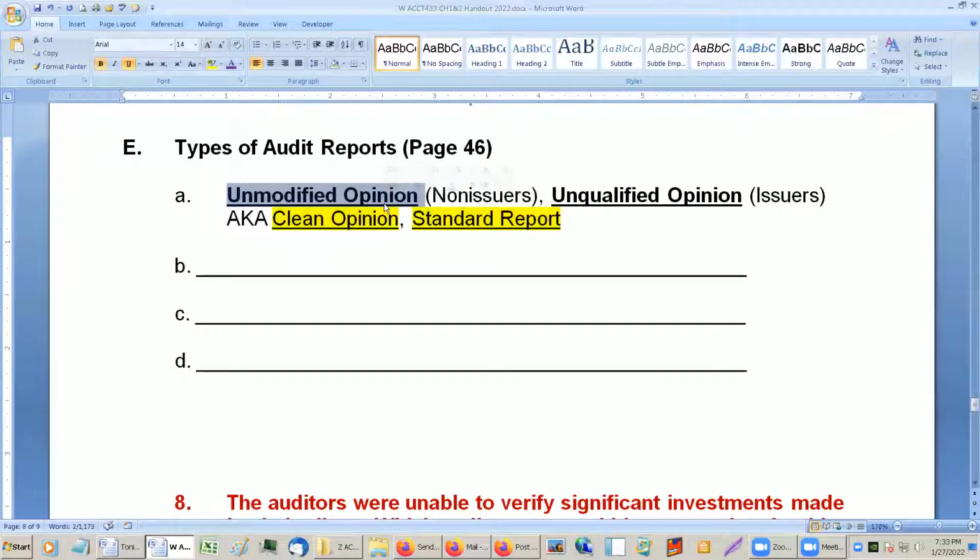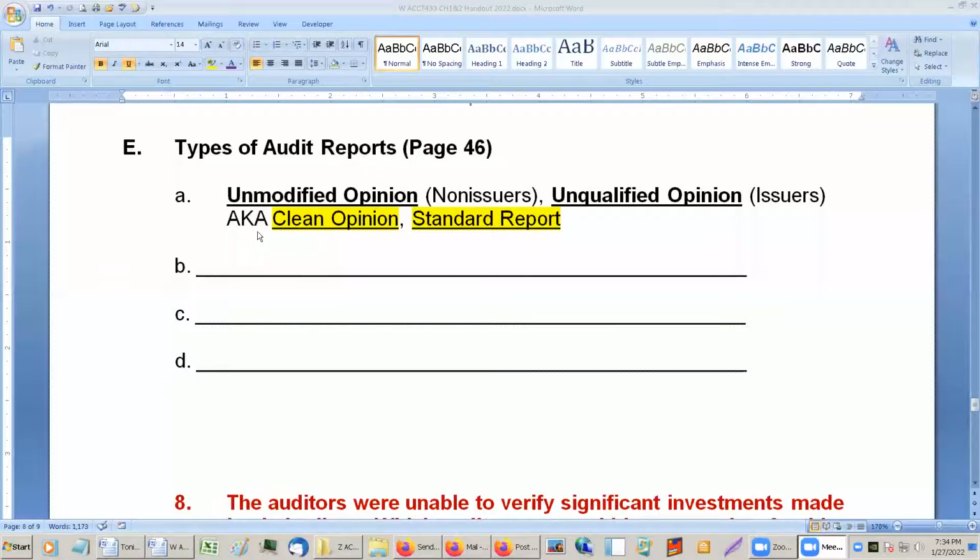Now, unmodified opinion means that there's nothing wrong. You don't have to modify it in a certain way. Unqualified sounds kind of funny a little bit. I think they used to all be called unqualified, but now they call it unmodified. When you think about unqualified, you say, well, that sounds bad. But what they mean is there's no qualifiers. There's nothing to say, oh, these financial statements are okay, except for, and then they go into qualifiers.